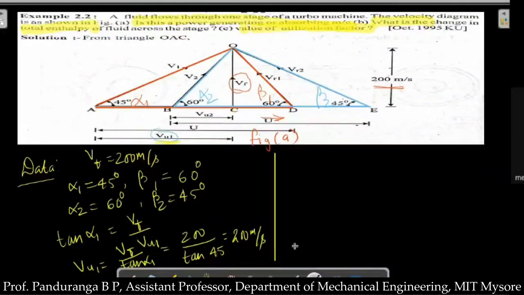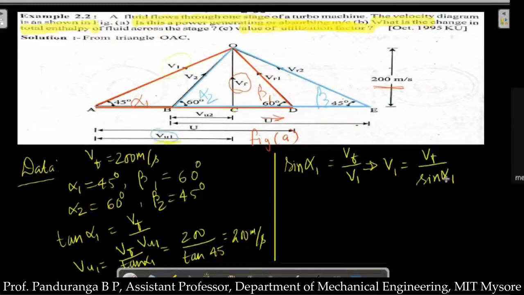Now let us find out V1. To find out V1, V1 is hypotenuse and Vf is the opposite side. So I'll take sine alpha 1. That will be equal to opposite divided by hypotenuse, that is Vf divided by V1, which implies that V1 will be equal to Vf divided by sine alpha 1.